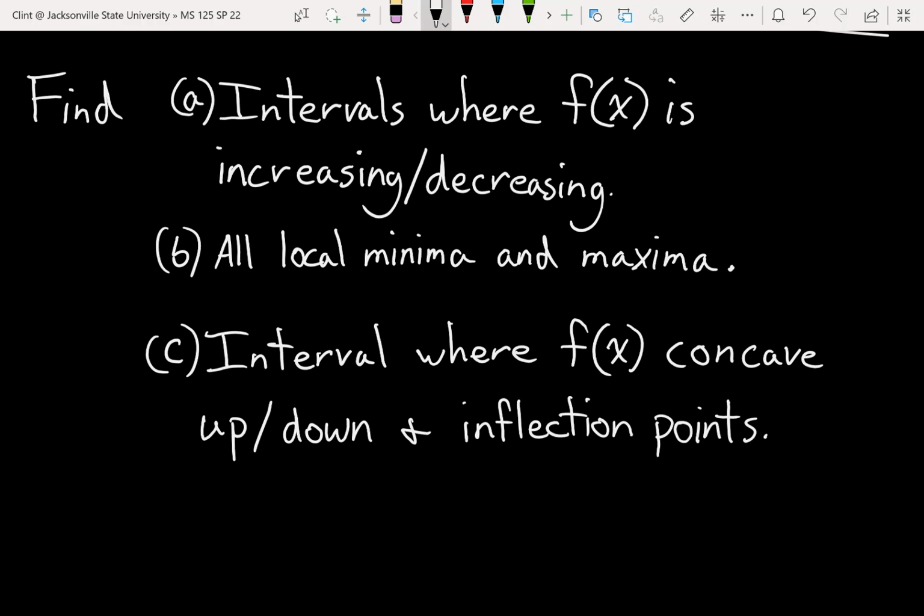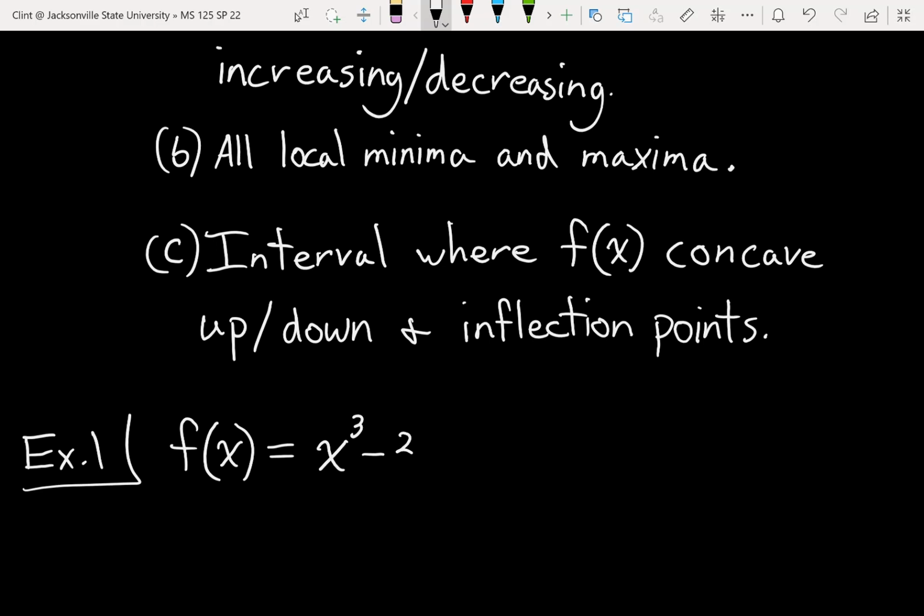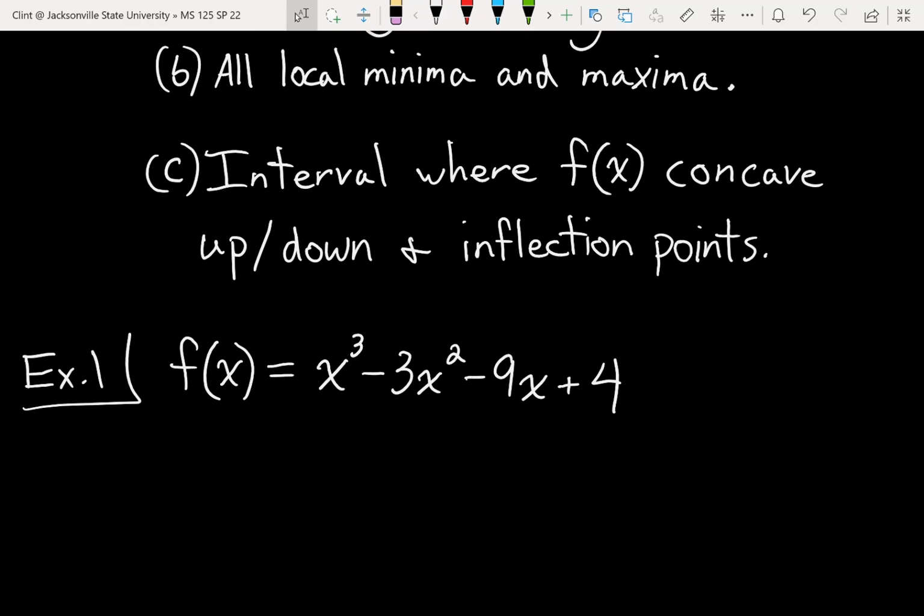So let's get a function here. So first thing we want to find the intervals where this function is increasing and the intervals where this function is decreasing.